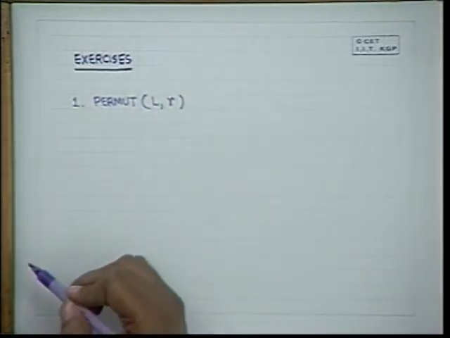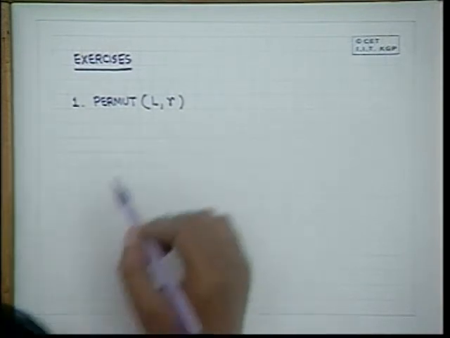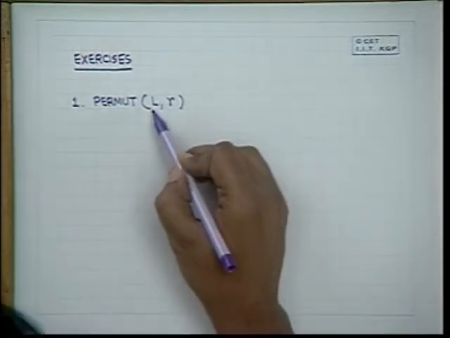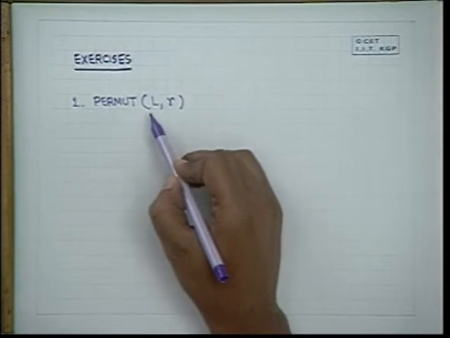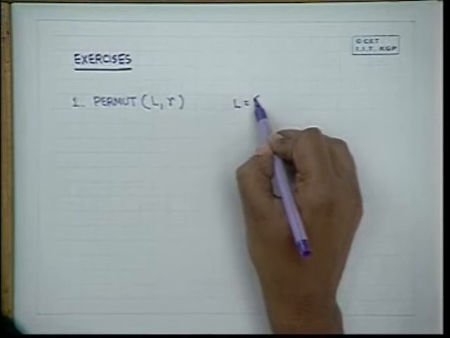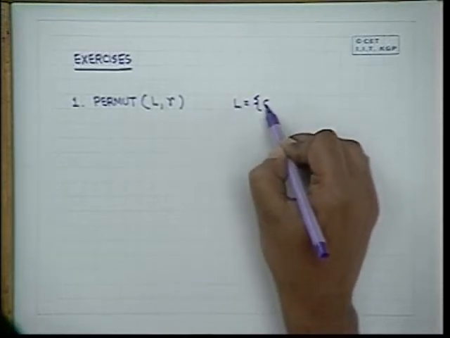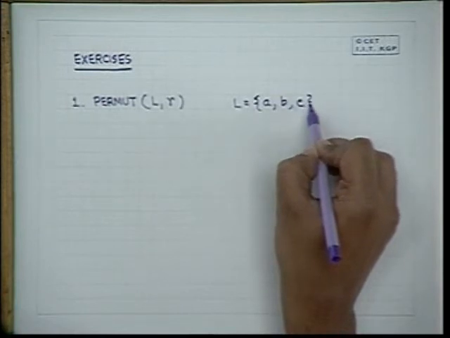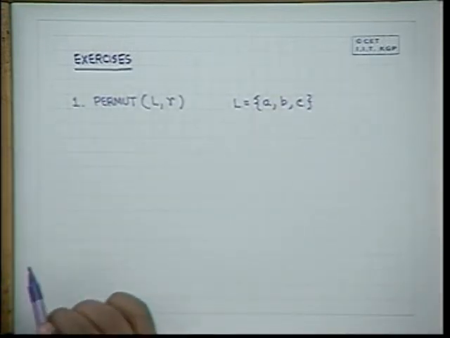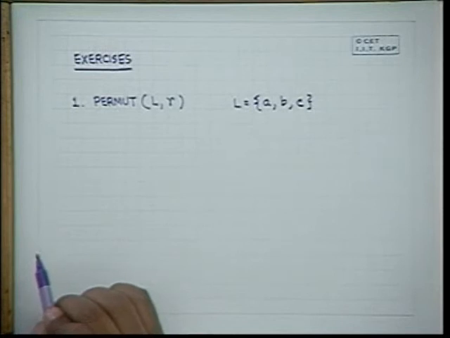The first problem that I give you is permute L R. L is a set of distinct elements. For example, L may be, say, A, B, and C. Distinct, no repetitions.